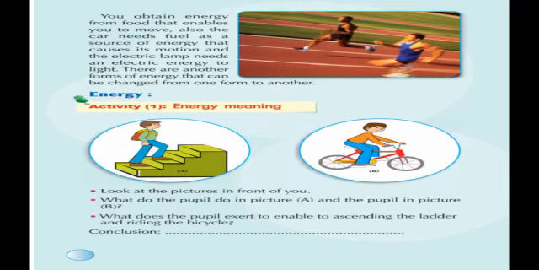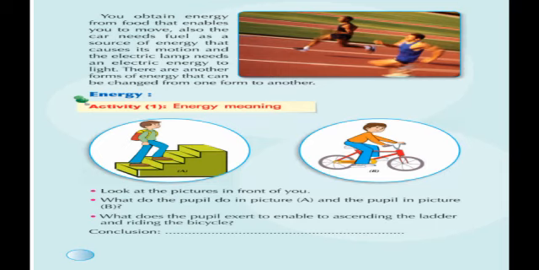Now, energy meaning. In front of you there are two pictures, picture A and picture B. Look at these pictures and tell me what the people in picture A and picture B do. As you can see, the person in picture A is ascending a ladder, and the person in picture B is riding a bicycle.